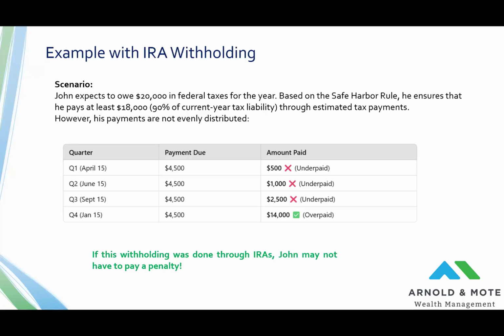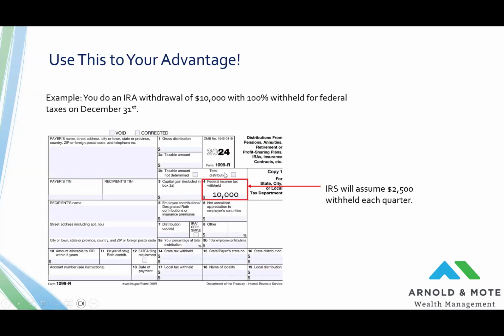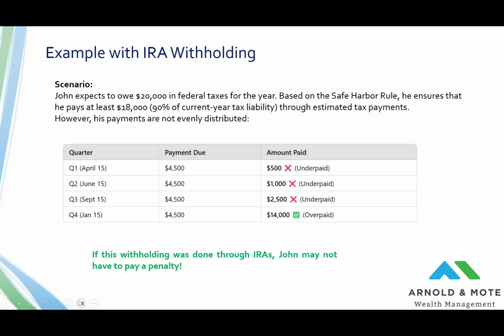And so let's get back to that John example where he knew he had to pay in $18,000 during the year. He did not do it evenly, but if this withholding was done through IRAs instead of estimated payments that he had to make, now the same scenario, John withheld the same amount, but because this $18,000 here is just going to show up on the 1099-R form, the IRS is going to assume it's evenly split out, and it's going to assume he did $4,500 per quarter.